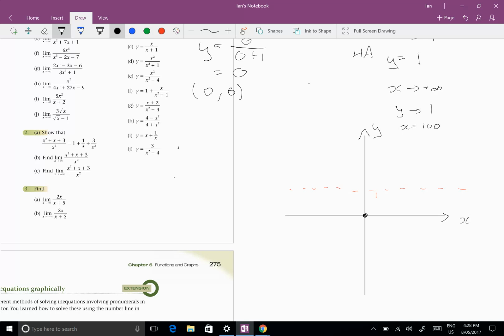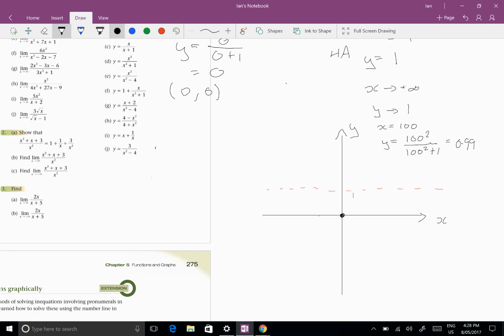Now, if I put 100 in there, y will equal 100 squared over 100 squared plus 1. And that equals 0.9999, and it goes on.